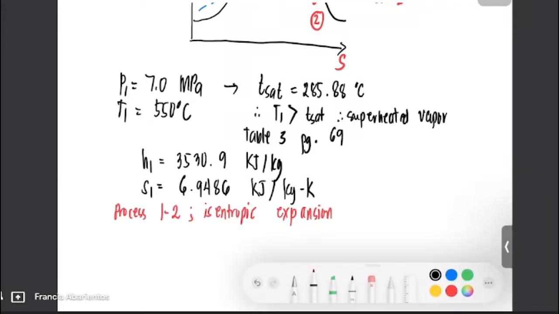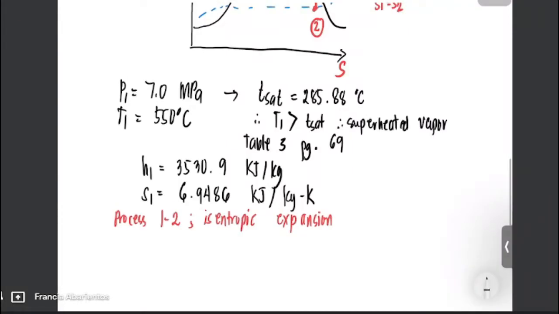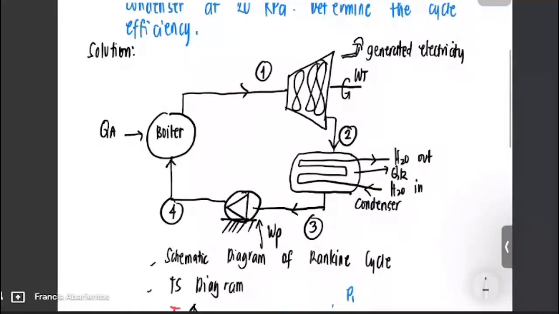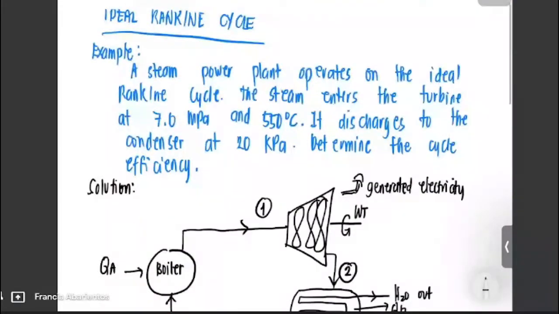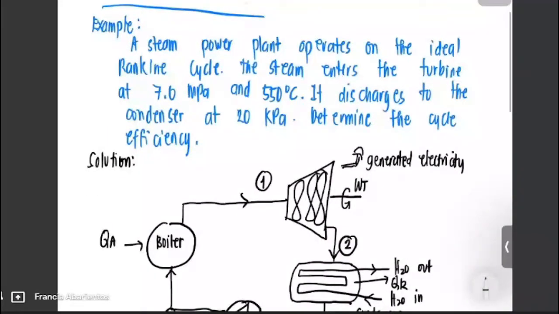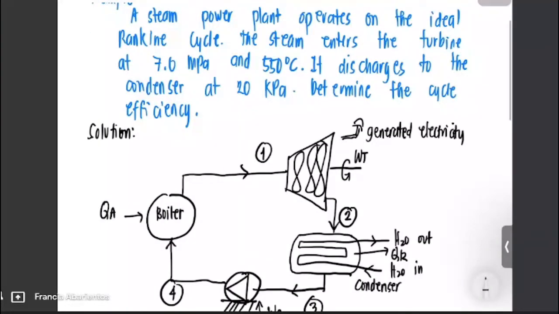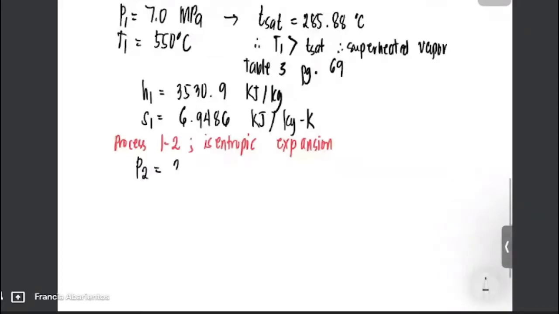Ano class yung given pressure natin? Pressure 1 and the steam turbine enters at 7 megapascal and it goes to the condenser at 20 kilopascal. So we have the pressure 2 at 20 kilopascal. Sa steam table nyo, makikita nyo is MPa. Convert it into MPa. What is now your pressure?